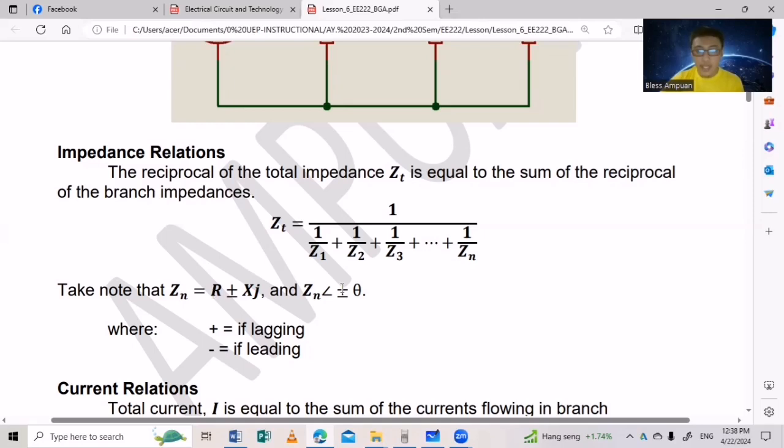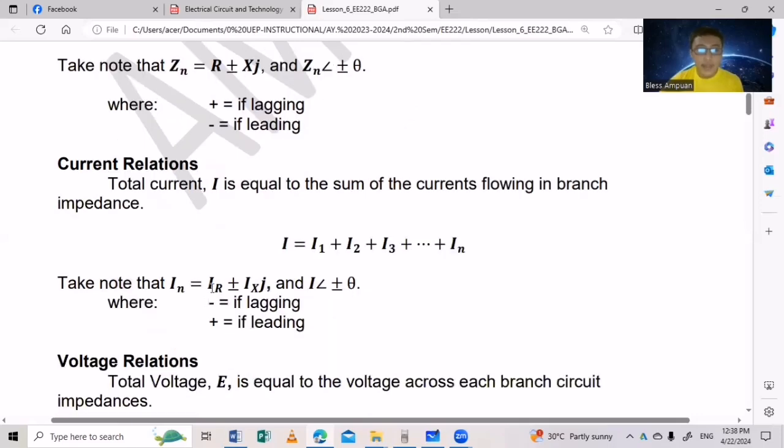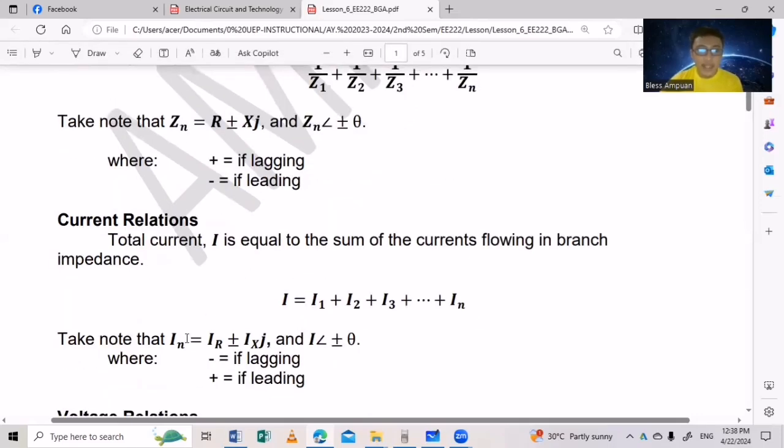It's because in lagging, the impedance is positive with the phase angle, while the current is negative if it is lagging, and vice versa. The same as what I said a while ago, if the current is negative, that is lagging. It depends on the value of the given.